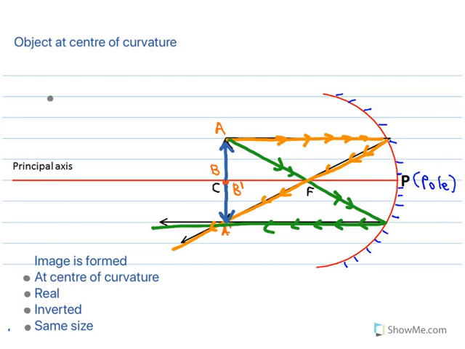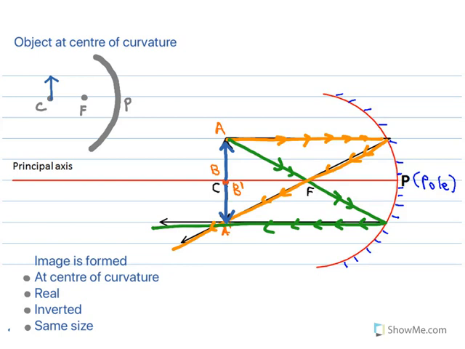So I repeat again, you will take your compass at a particular point, you will draw your arc, and then at the center of curvature, you will draw the object. Halfway between the center of curvature and the pole, suppose you have taken your radius as 8, at 4 will be your focus, halfway here.